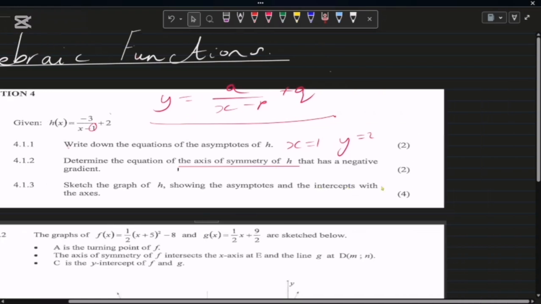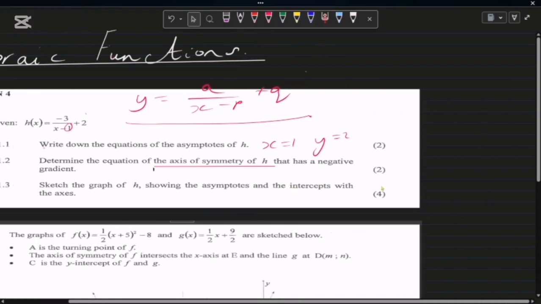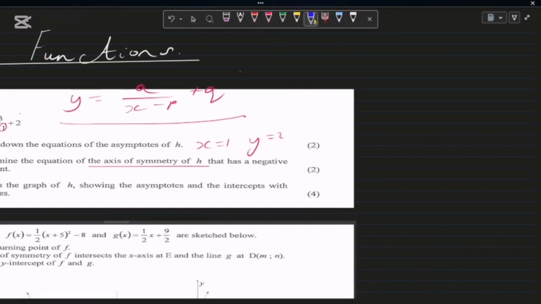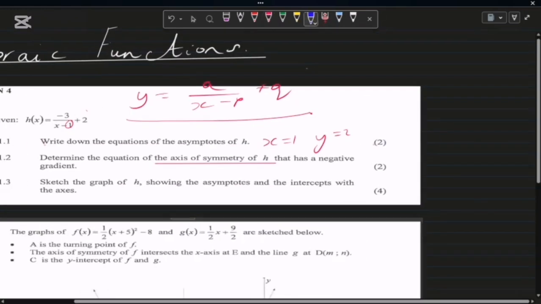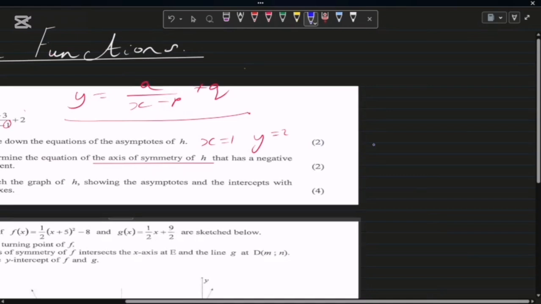So let's just do something that will enable us to answer this question.